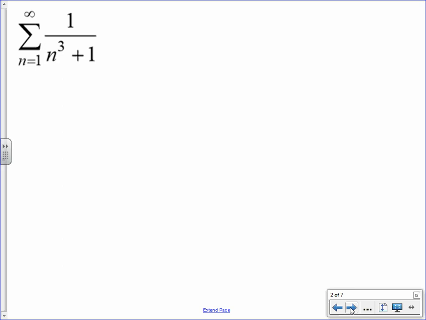So we can compare this to a series. We're taking the sum of a sequence. What's a sequence that's very, very close to 1 over n cubed plus 1? 1 over n cubed.